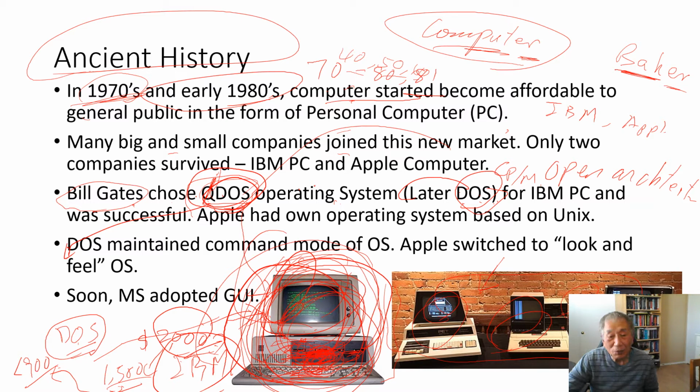Then Apple had their own operating system, kind of based on Unix, and DOS maintained the command mode of it. Then, as I said, Apple had the intention of getting the young audience or young customers, because if you get your elementary, middle or high school students hooked on this computer, then when they grow up, they become professionals or go to college, and they will try to use this machine.